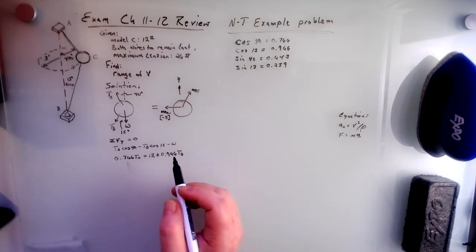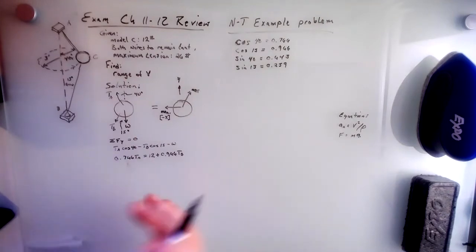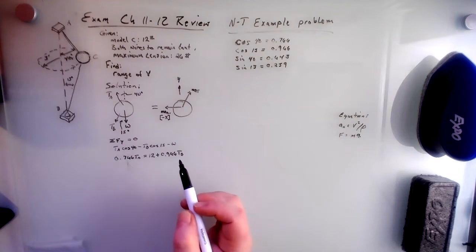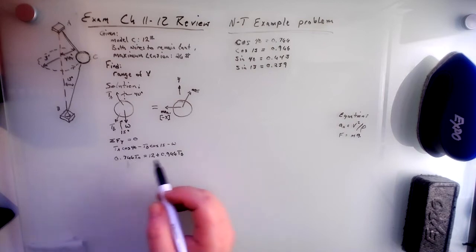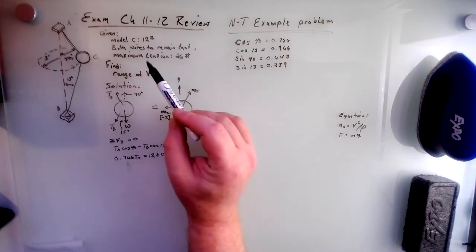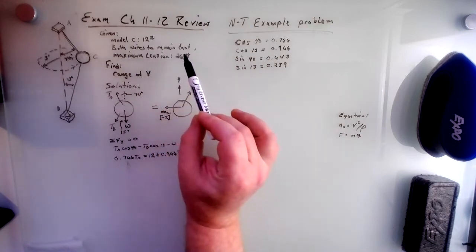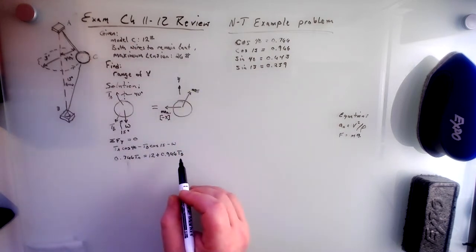Okay, and that's where we got those values. So we can actually start to think about that. If TA is always going to be greater than TB, then at the point where the wires are just barely taut, at the minimum value, TB is going to go to 0, right?